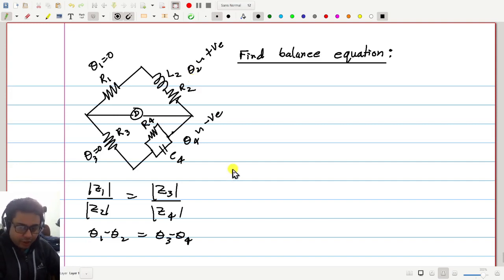My point here is that in practice, we may want to measure an unknown impedance using a bridge circuit, and it is our choice to decide what to put in the other three arms. Whatever you choose, don't choose something that is not balanceable at all, like this.